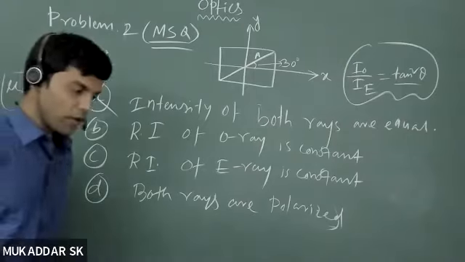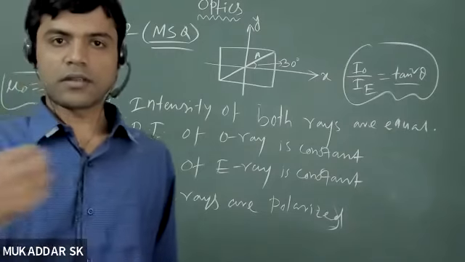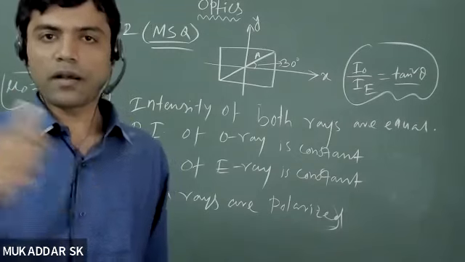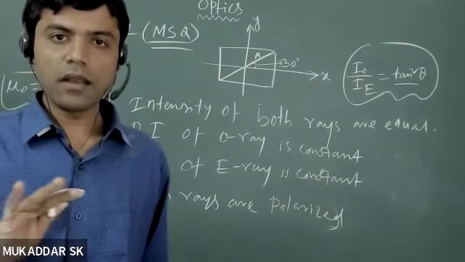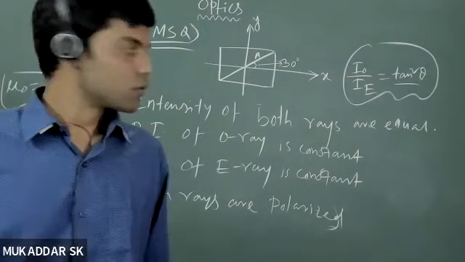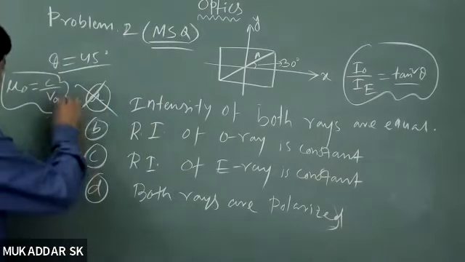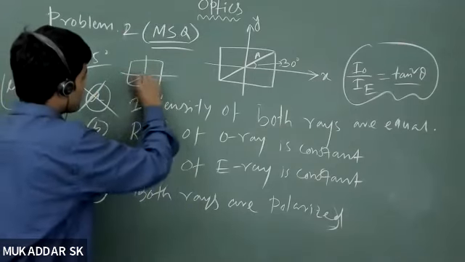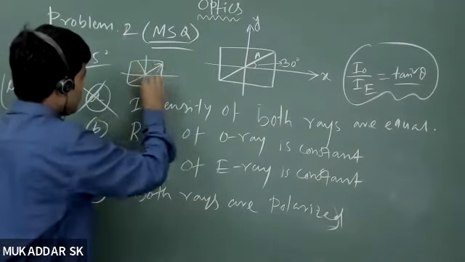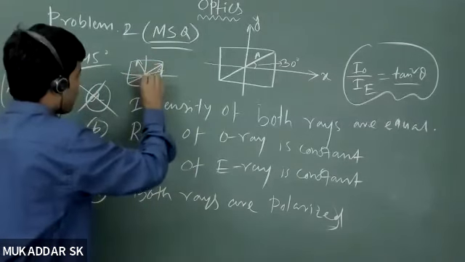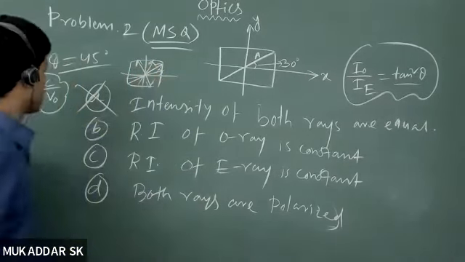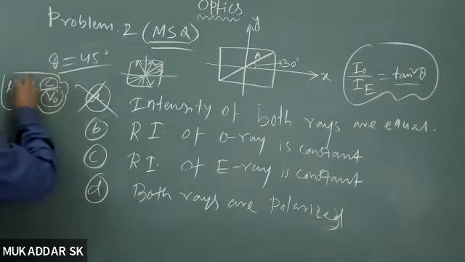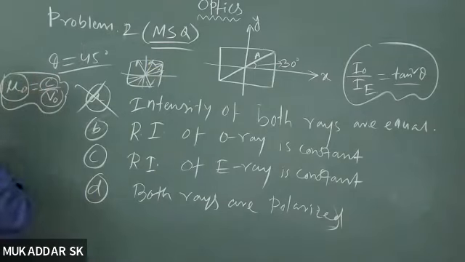Now we know that the speed of O ray in the crystal is constant, independent of direction. Whichever direction the O ray passes in, its speed is constant. Suppose this is your double refracting crystal; in every direction the speed of O ray is constant. So if C is constant and V is constant, the refractive index of O ray will obviously be constant.